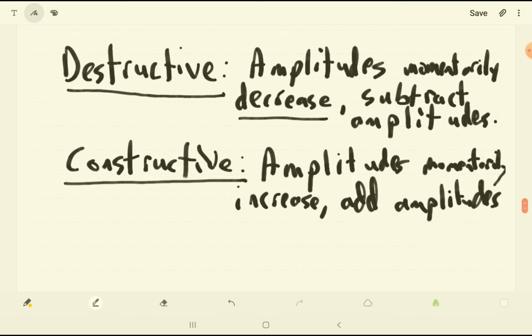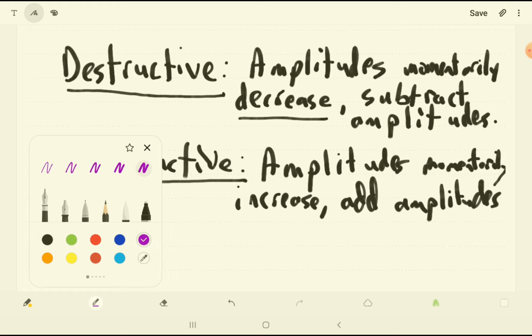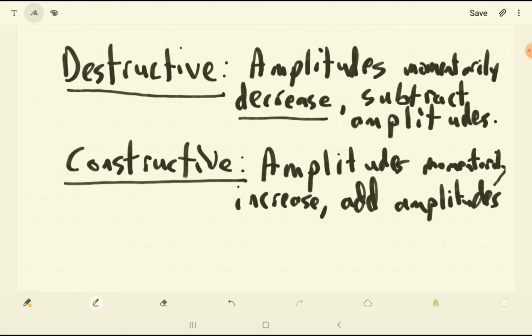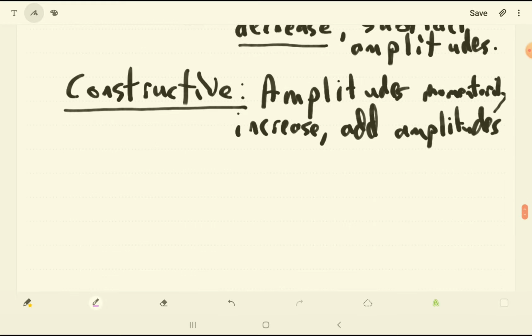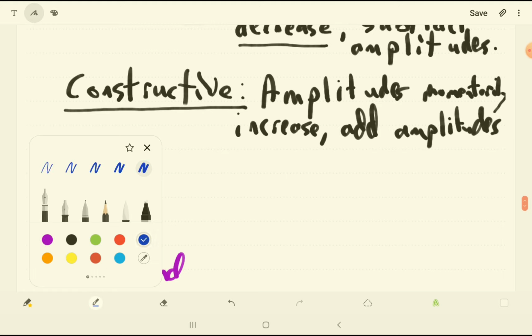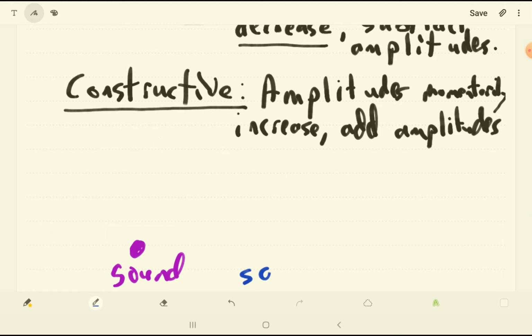And so if we're thinking about, let's say, sound waves, okay, this is what you would hear. So let's say I got sound coming from 2 point sources. Okay, so let's say I got sound wave 1. So sound purple and sound blue.